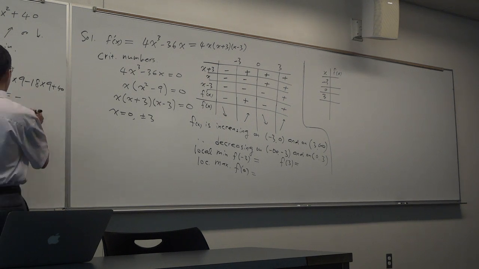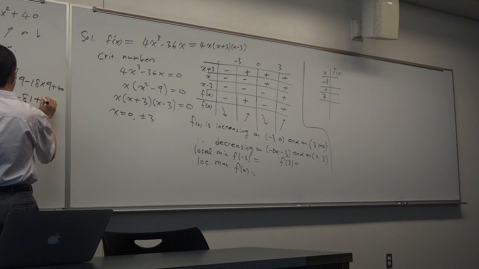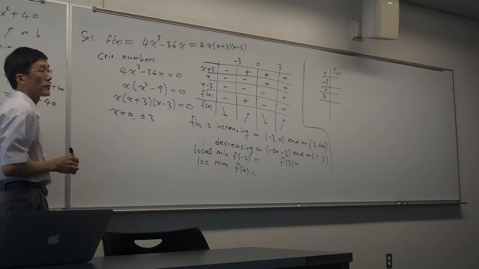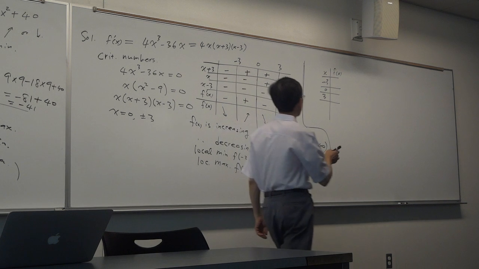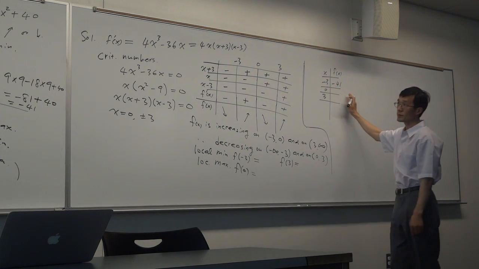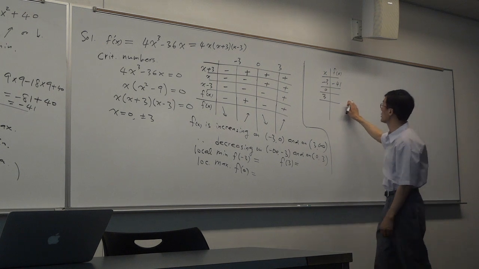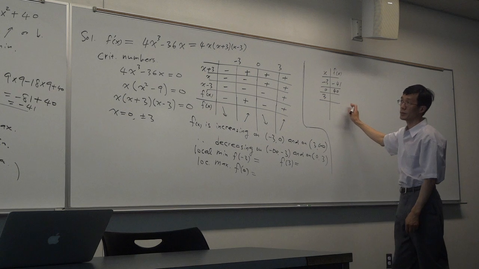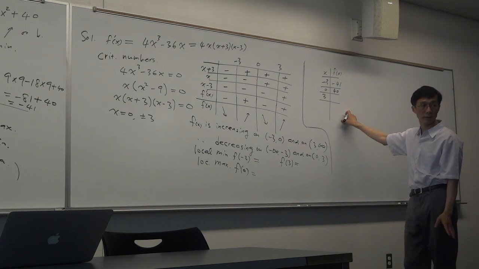So -81 plus 40, and that is -41. So this is -41. 0 gives you +40. And 3 gives you -41 as well. You have the same value.